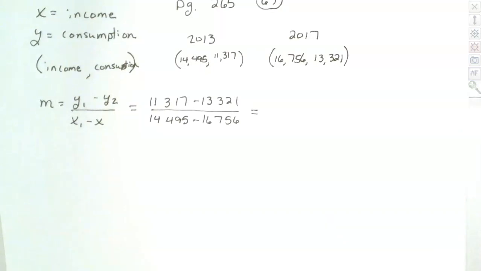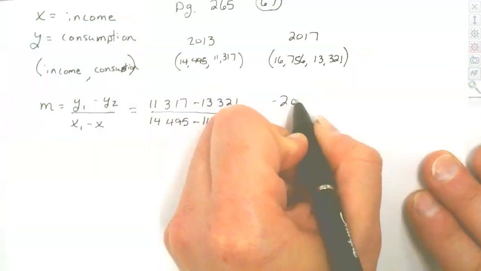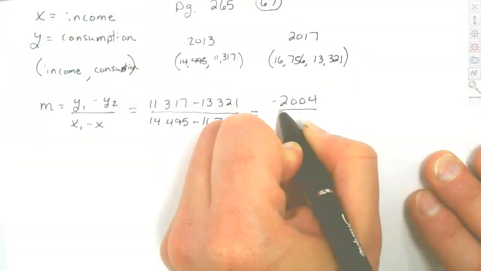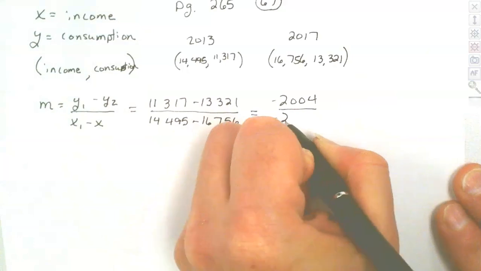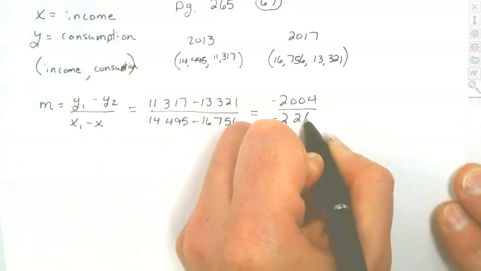So let's see what we've got. 11,317 minus 13,321. That's a minus 2004. Down below, we've got 14,495 minus 16,756. That gives you a minus 2261.